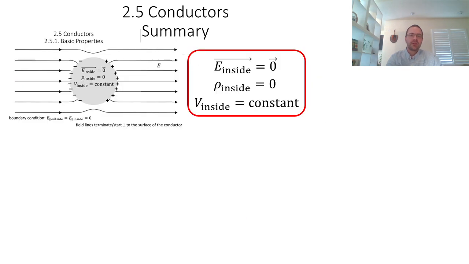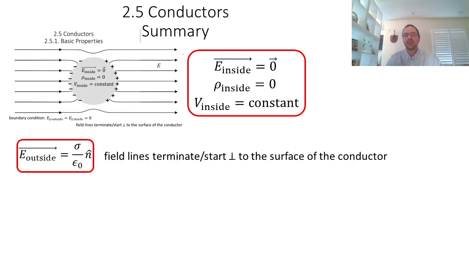So let's summarize what we learned. The most important result to remember is that the electric field inside the conductor is 0. From this, we also found that the charge density inside is 0 and the electric potential inside is uniform. We saw that there can be a surface charge density sigma and the field outside is equal to sigma over epsilon naught n hat. Right?